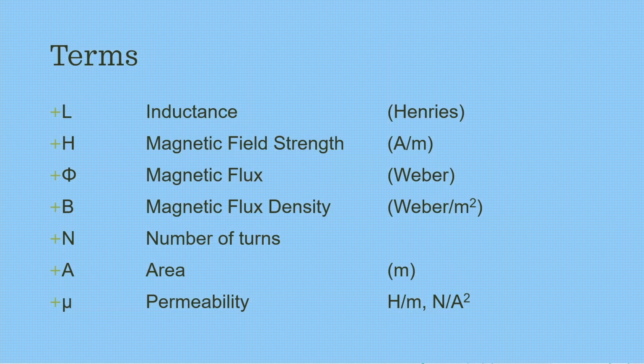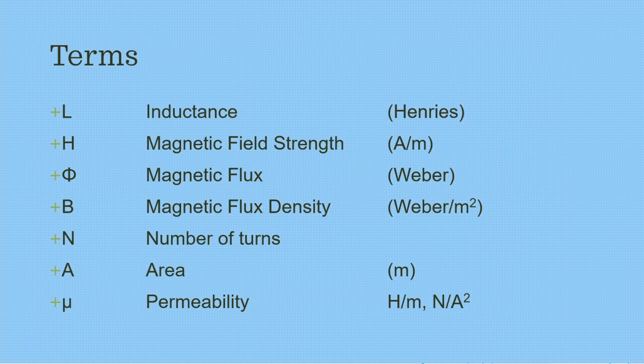The second one, H, which we don't really use for the solution but is still useful to know, is the magnetic field strength, in amps per meter. The third one, phi, is the magnetic flux, measured in webers. Another symbol is B, which denotes magnetic flux density, in webers per meter squared.